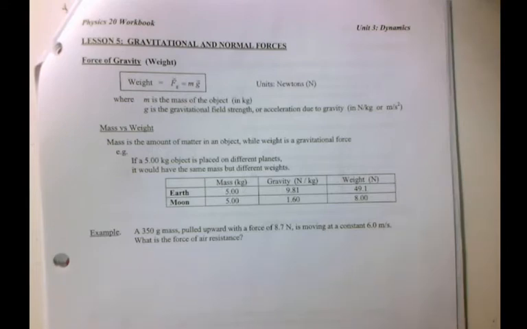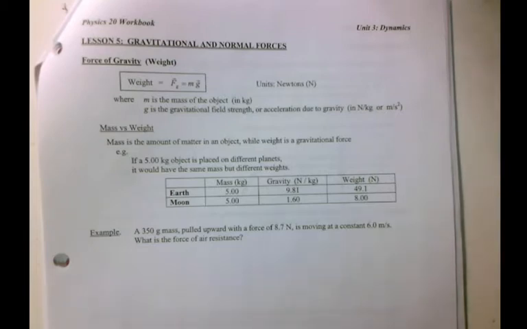So weight, contrary to what society uses it for these days, where we would find our weight using a bathroom scale, right, and we'd record that in kilograms or pounds, right? The truth is, if you're giving a value in kilograms or in pounds, that's actually the mass of the object.